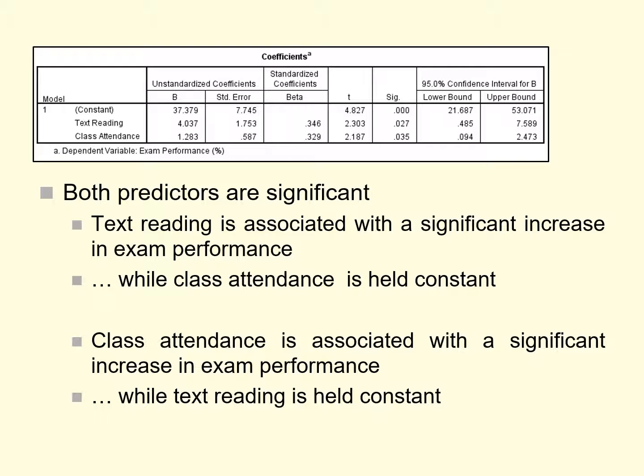We could interpret those results by saying text reading is associated with a significant increase in exam performance, the coefficient is positive, while class attendance is held constant, that is, controlling for class attendance. And the other way, class attendance is associated with a significant increase in exam performance, again the regression coefficient is positive, while holding text reading constant. That's the idea of statistical control, and the way we might express that by interpreting regression coefficients.